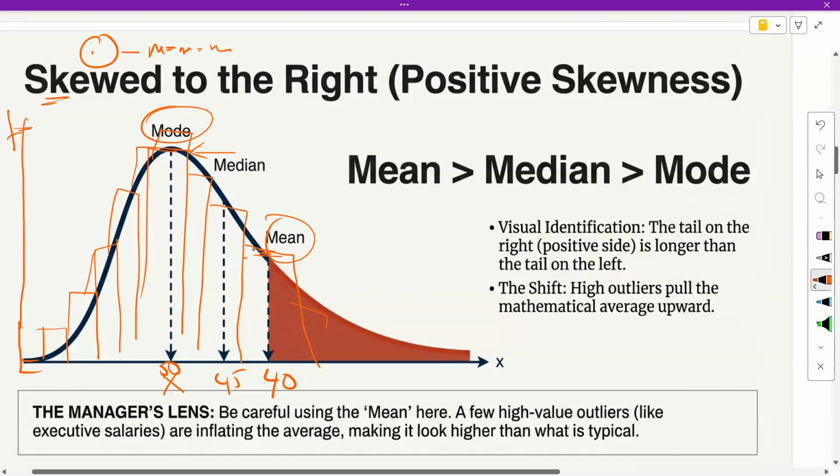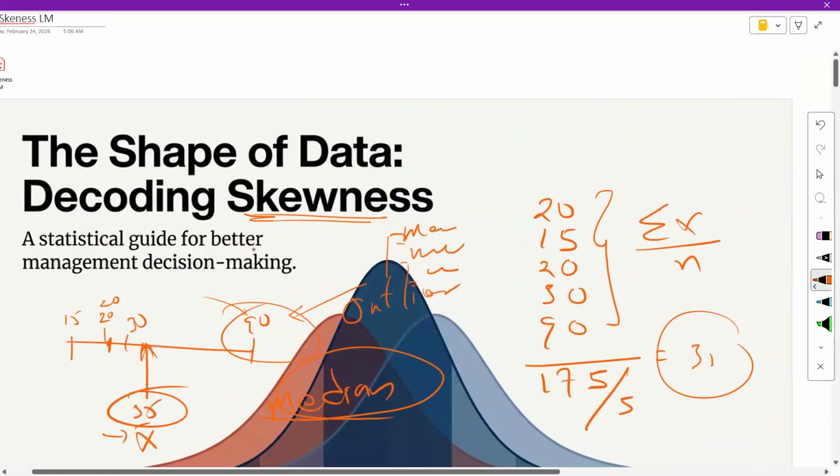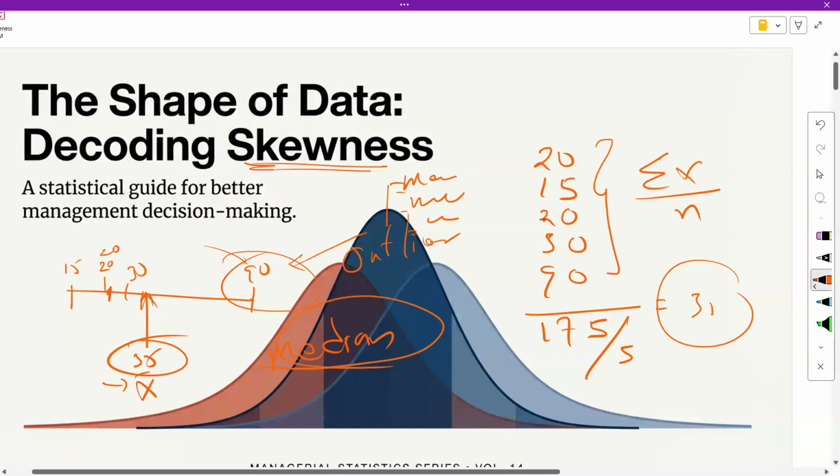As in our previous example we discussed here. Look at here. What is the mod here? Mod is 20, occurred 2 times. So mod is 20. But the mean is 35, and the median is somewhere here. Look at here.